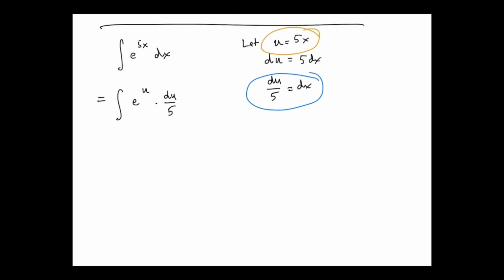Now that I've got that, then two things I can do. I've got a 1/5 inside the integral, just a constant. Can I say the following? Is that acceptable? Why is that okay? I mean, it is, but let's be a little bit more clear as to why that's acceptable.